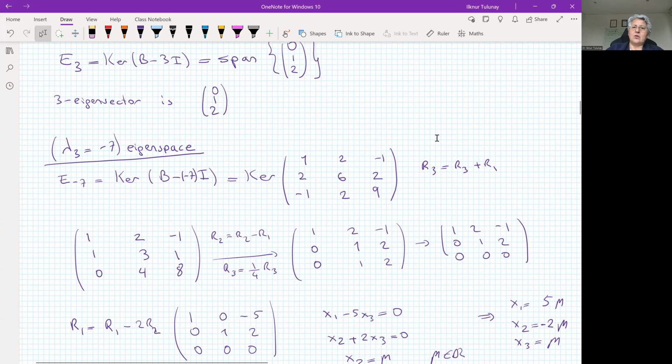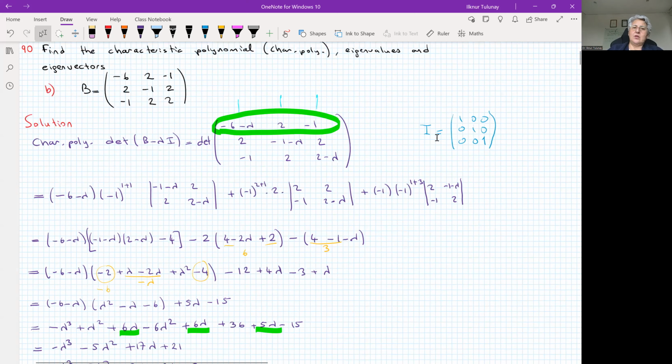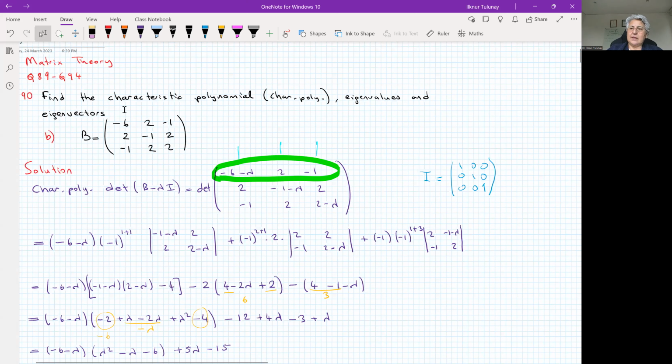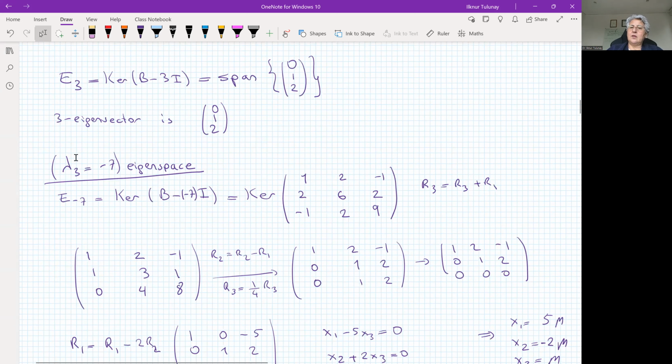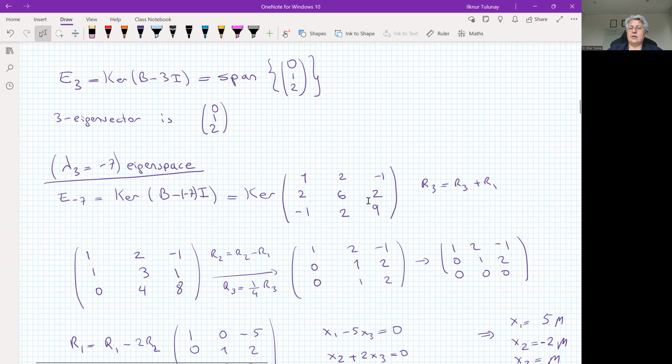Let's show the main diagonal of B, which is this. We are adding plus 7, 7, 7. So this one is plus 1, this one is plus 6, and this one will be 9. This is 1, 6, 9.